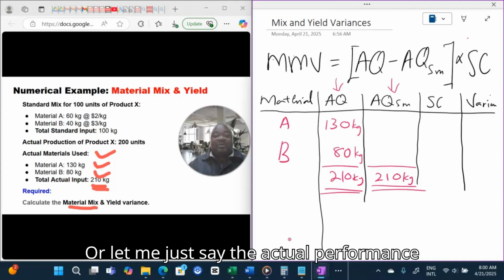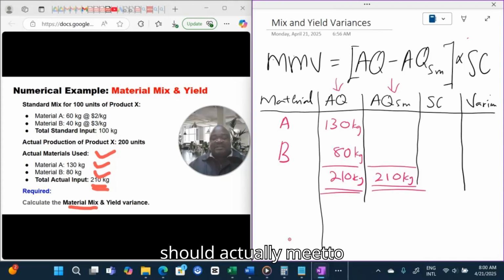Let me just say the actual performance should meet the dictates of the relevant budget. So we are flexing the actual to come up with the flexed budget.